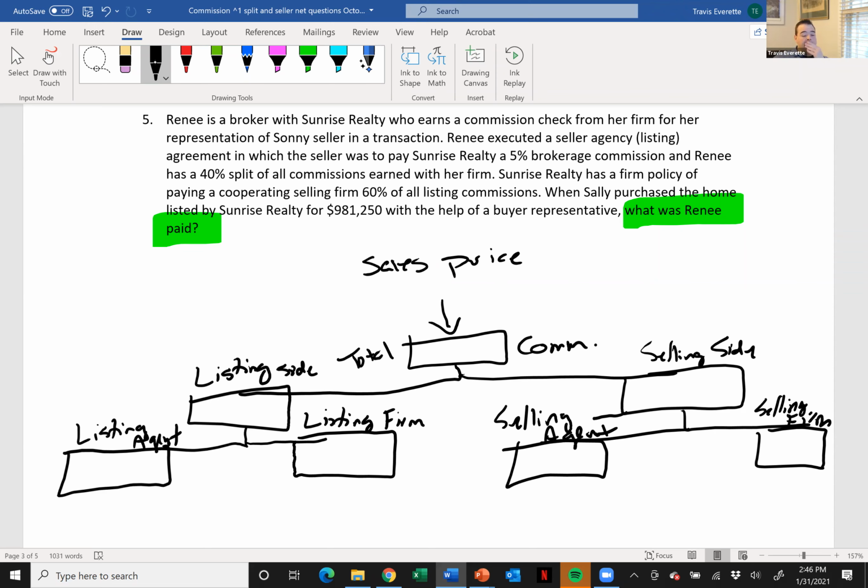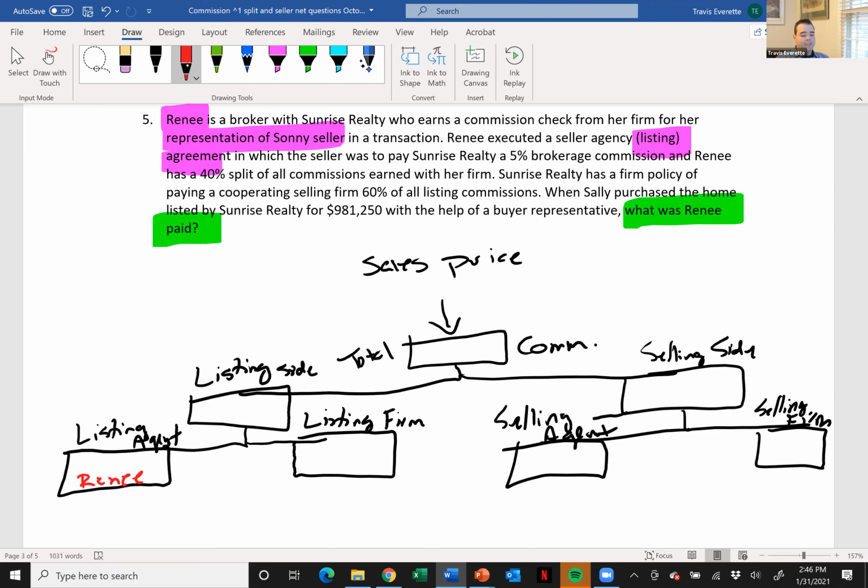Renee is a broker with Sunrise Realty who earns a commission check from her firm for her representation of Sunny the seller. So Renee, representation of Sunny seller. Renee executed a listing agreement with the seller. So that tells me Renee is on the listing side. Renee is right here. She is the listing agent. I'm piecing all that together from what I've got.